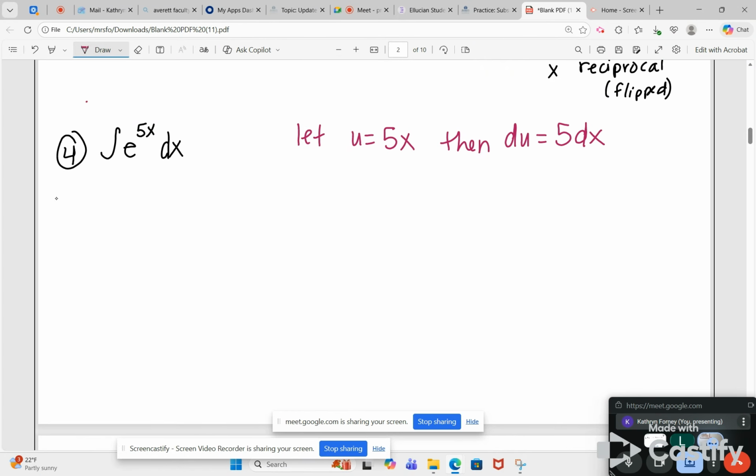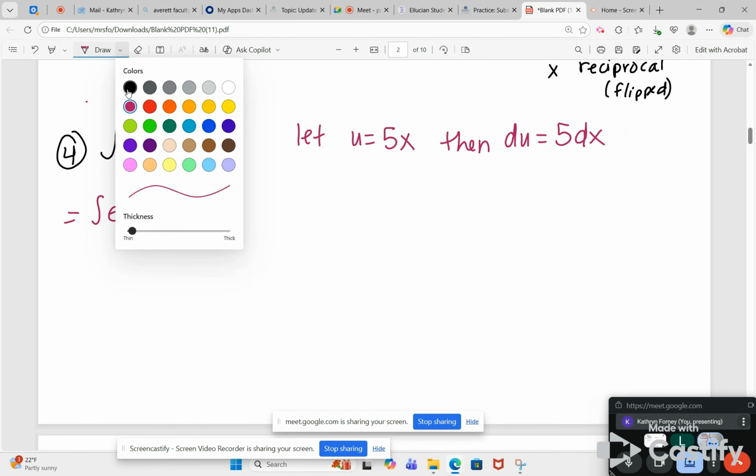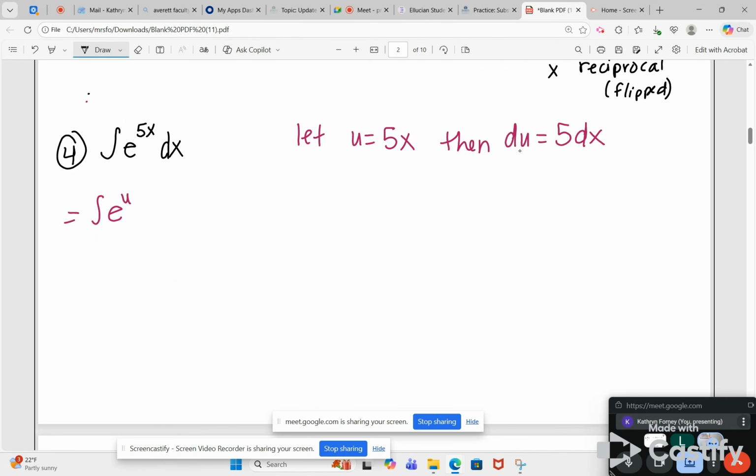So now we have e to the u, and I have part of the du here. But what am I missing? Here's the dx, but there's no 5 anywhere in this problem.